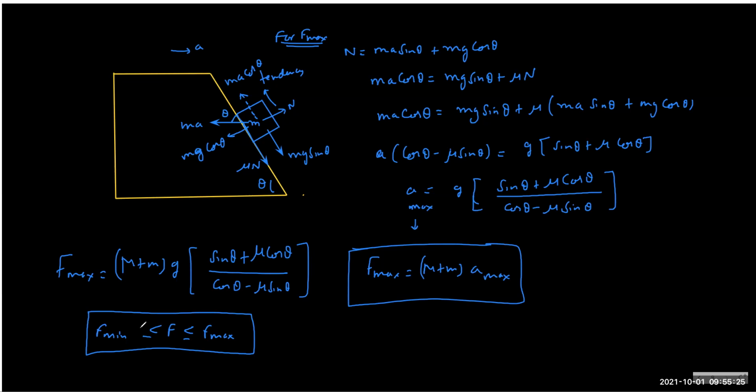Understood? So in the MCQ, let's say F max turns out to be 120 Newton, F min turns out to be 70 Newton. If you calculate and get the answer, F min is 70, F max is 120, and the options are like this: 60, 80, 100, 120.